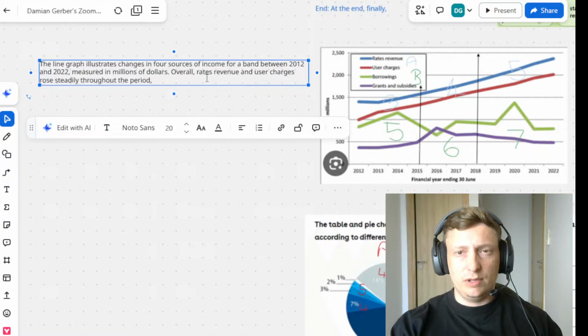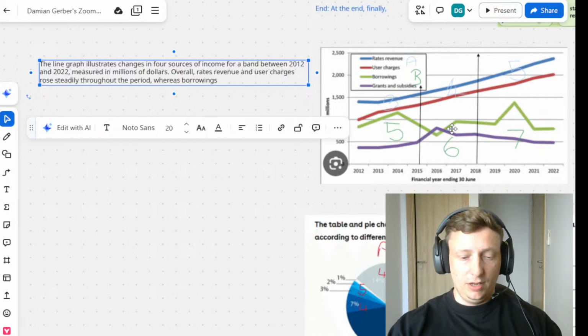Okay, now we want to use a linking word. Obviously we're going to use some kind of contrasting linking word, because the other 2 categories are doing something that's very different from these 2 categories, right? So we'll just go down the list. So we'll go with whereas borrowings. What's borrowings doing? So it's like up and down, up and down, up and down, right? So we just say borrowings fluctuated. And what's grants and subsidies doing?